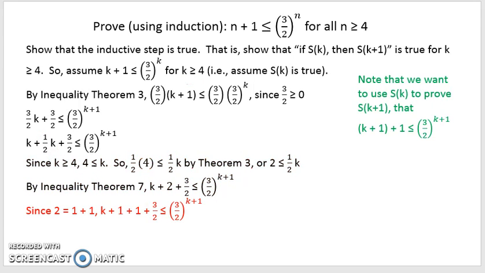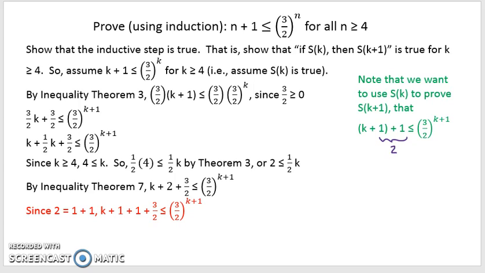All right, so now I'm going to break it up. I'd use a little algebra again; we know that 2 is 1 plus 1. And you might say, well, why did he do that? Because remember the goal, we're trying to get to k plus 1 plus 1. Well, this right here is my 2.